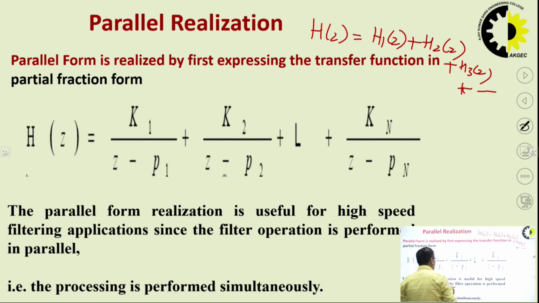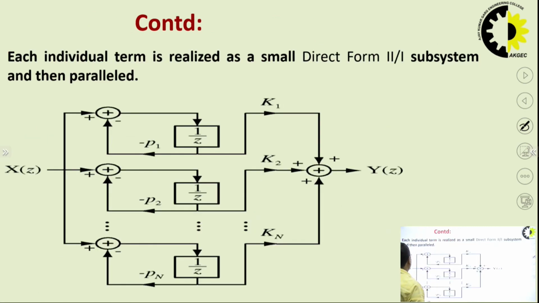And this parallel form is useful for high speed filtering applications. Generally, parallel means what? You are applying all the inputs simultaneously and you will get the output, okay. So, this is the parallel form. Each individual term is realized as a small direct form 1 or direct form 2 subsystem and then connected in parallel.